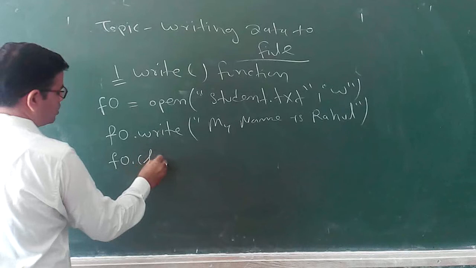If we don't use print, then no output will be shown. Only this single line is input to student.txt, this task is completed, and your file is closed. Okay, this is the write function.